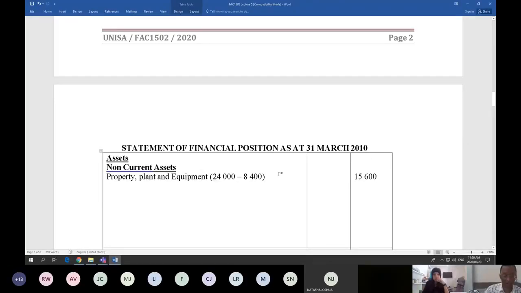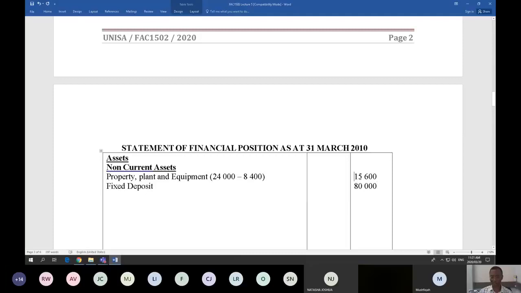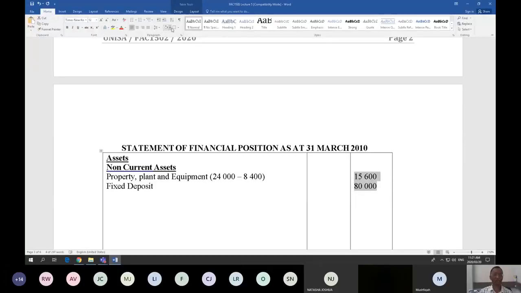Also under your non-current assets will fall your fixed deposits. And in this question, we've got a fixed deposit, and our fixed deposit is the amount of 80,000 Rand. So property, plant and equipment and your fixed deposit will give you the value of your non-current assets. Block that, guys. Add it up.